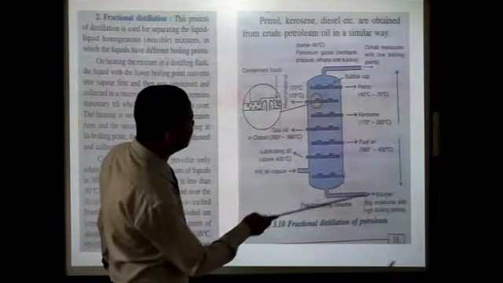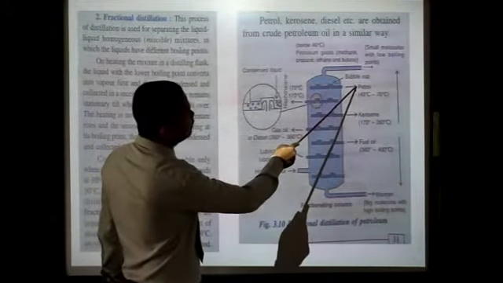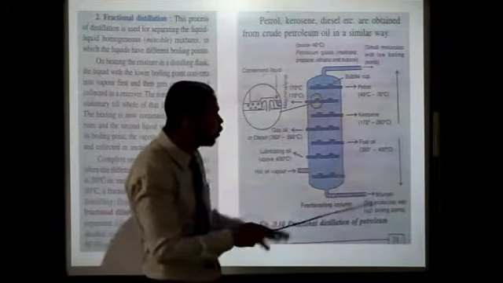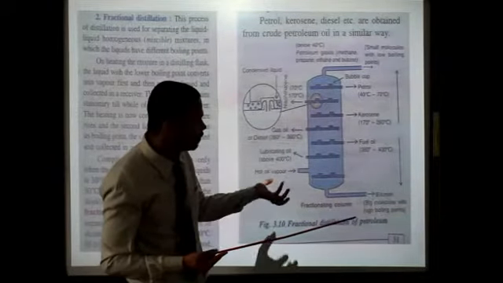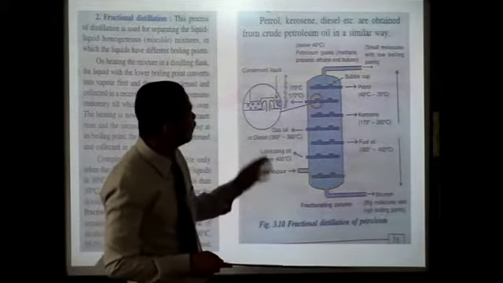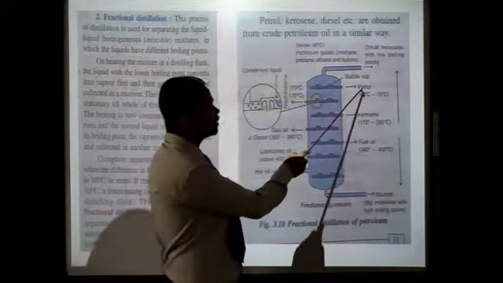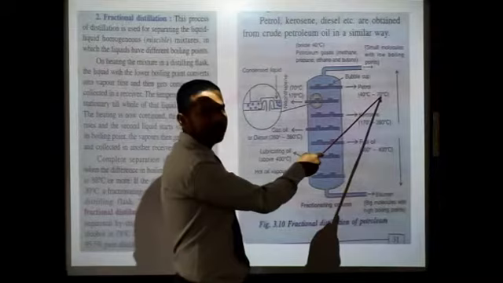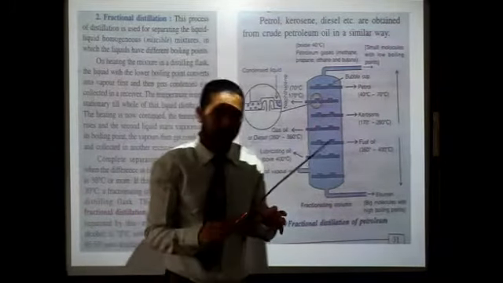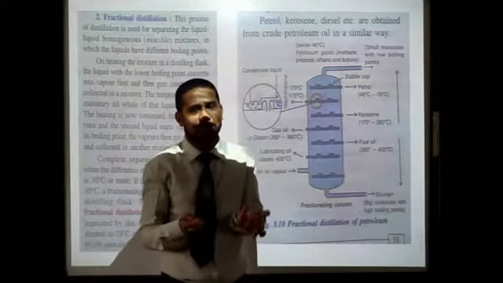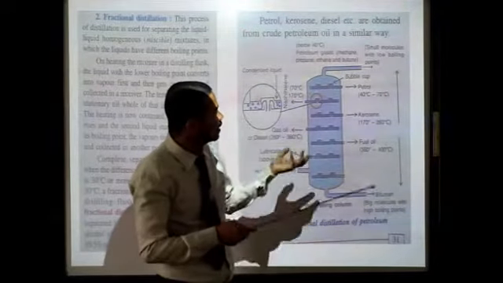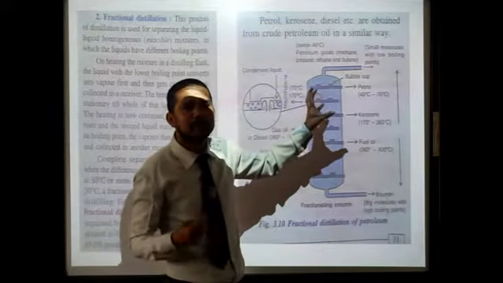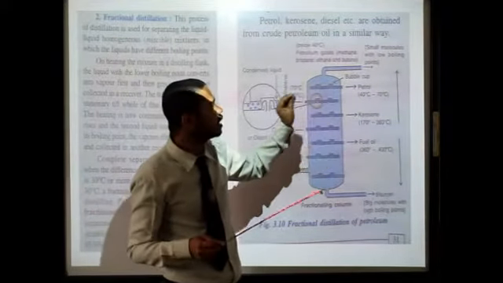So what you can see here, petrol boils at 40 degrees Celsius to 70 degrees Celsius. That means from crude petroleum, first of all petrol is collected. Why? Because its boiling point is 40 to 70. So when petrol from petroleum is converting into vapor, the temperature of the petroleum remains the same, it will not change.